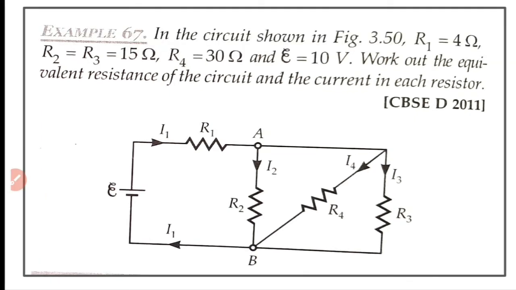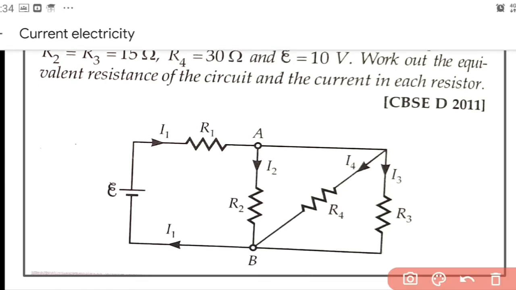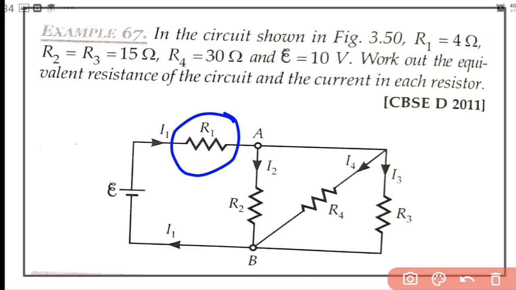To find the current through each resistor, see, I is the current flowing through which one? R1. So through R1 the current is 1 ampere, no doubt. But between A and B, through that combination the current is 1 ampere. So you have to find the current through each one, R2, R3 and R4. Since all the three are in parallel, the potential difference across each one will be same.